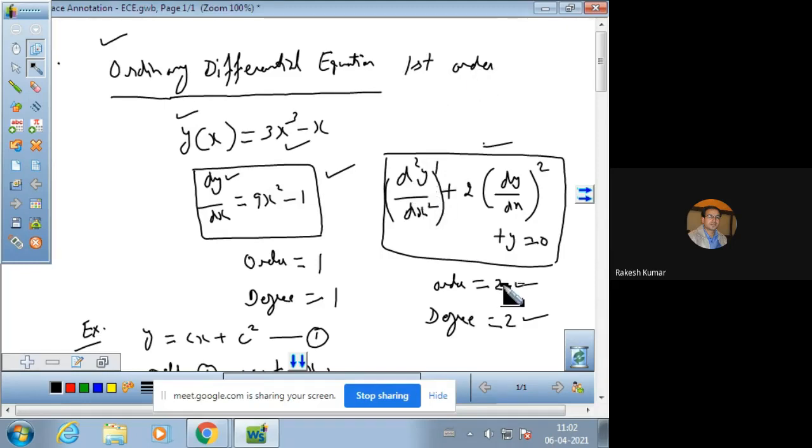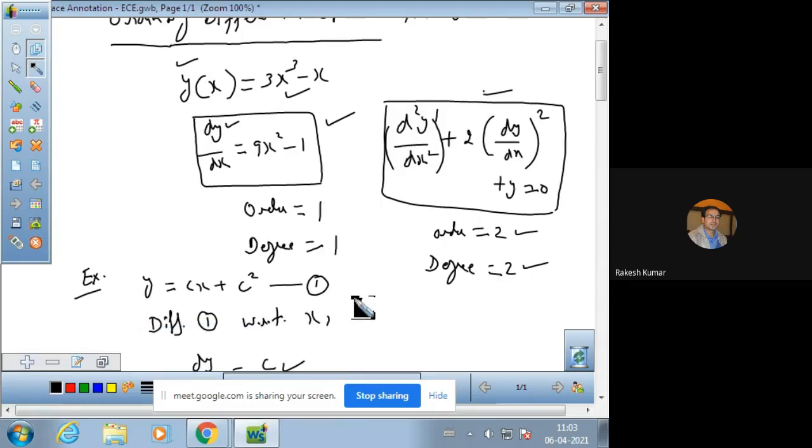So the order of this differential equation is 2, and the maximum whole power of a differential is said to be the degree of the differential equation. So the degree of this differential equation is 2, but the degree of this differential equation is 1, and the derivative order is 1.